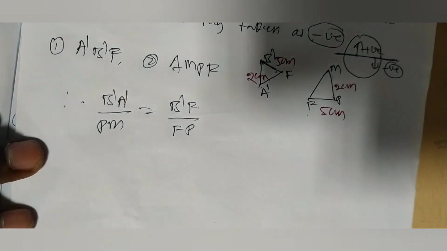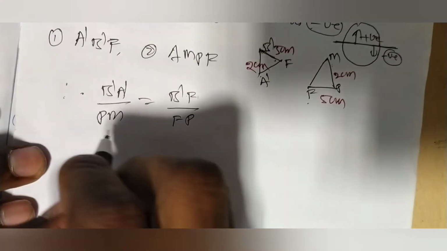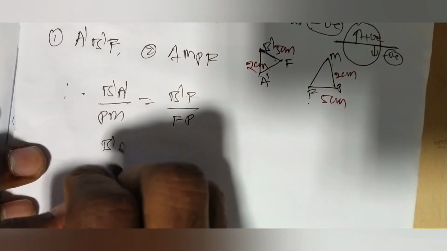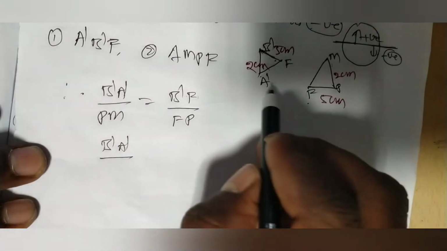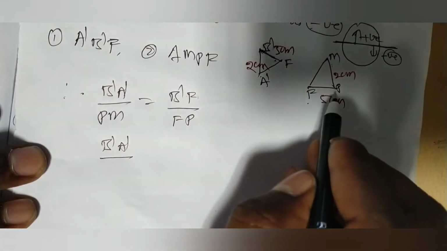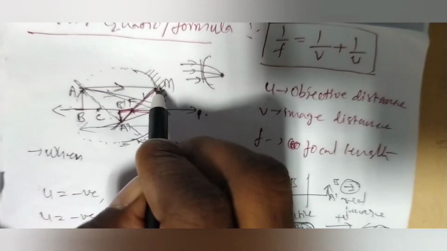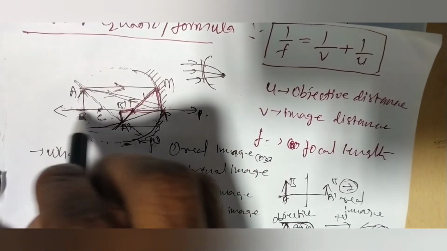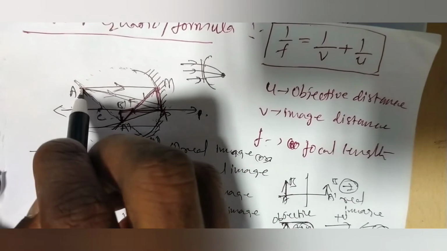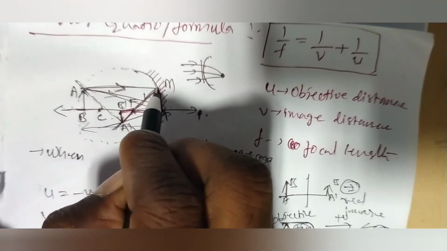From this we can write down from above equations, B dash A dash by PM. Here PM is nothing but this distance, equal to this distance, because this principal axis is parallel to the incident light.